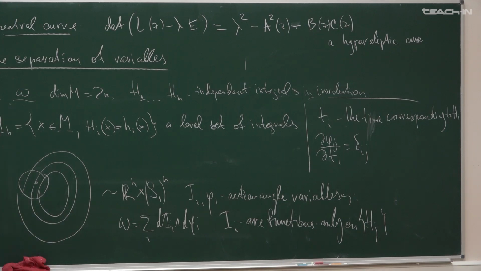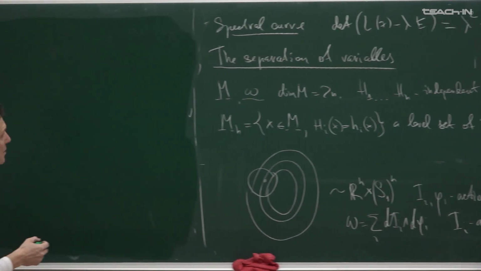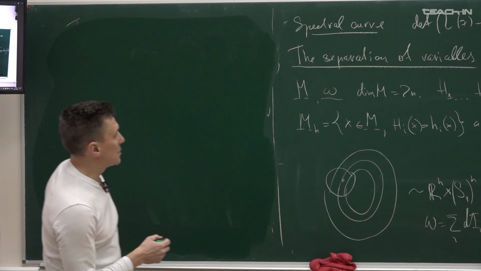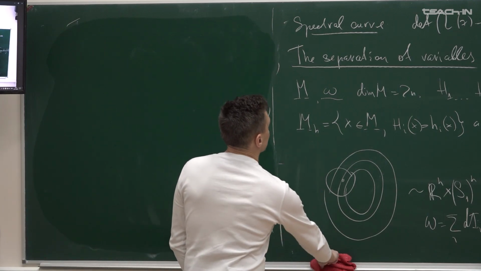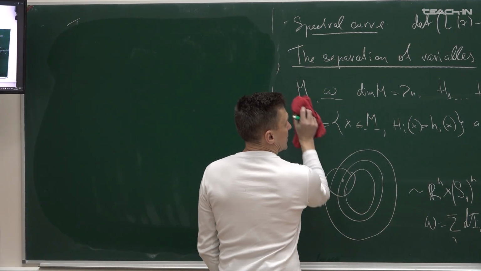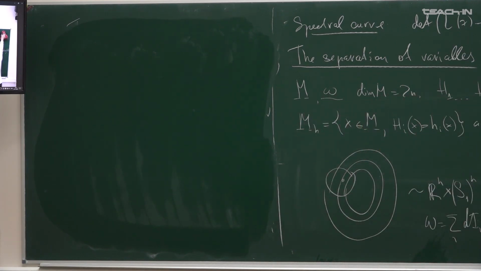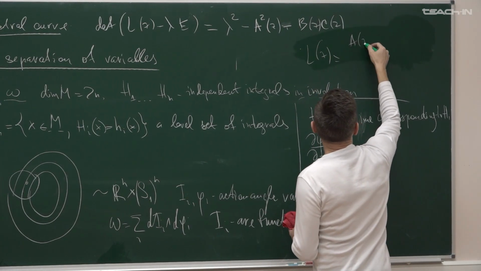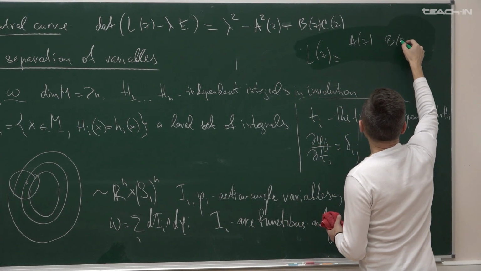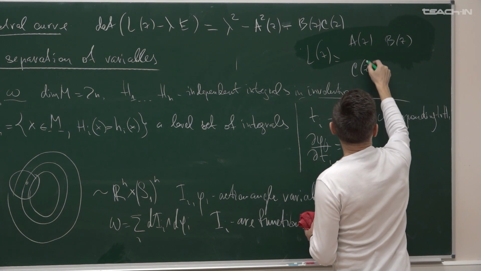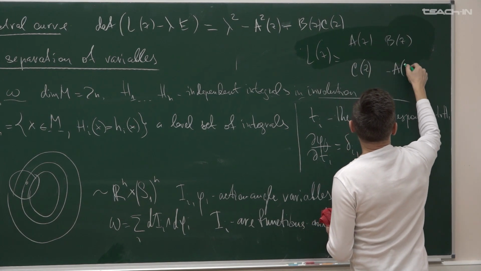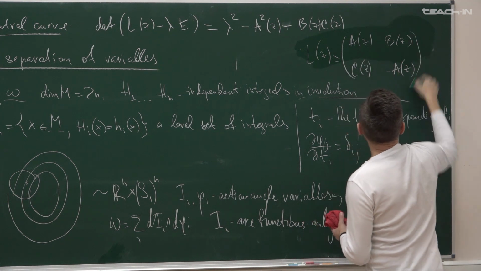So let us consider L. I need some notations from this model. L of z is the matrix with entries A of z, B of z, C of z, minus A of z.